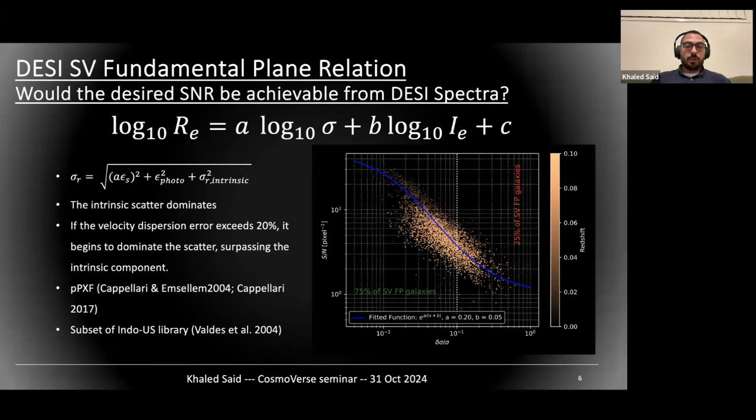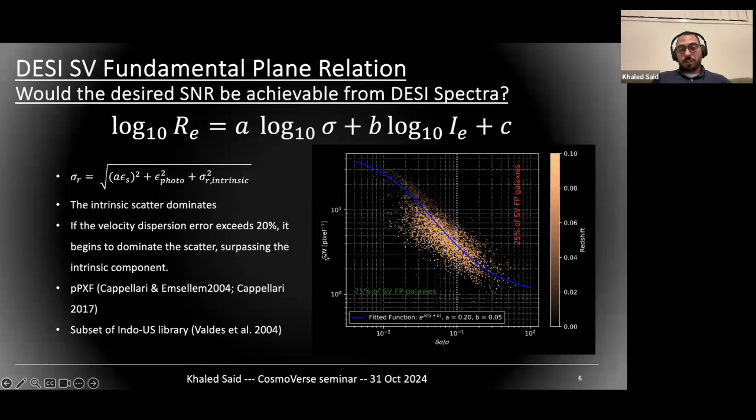So the first thing we did was measure the velocity dispersion ourselves using pPXF, by comparing with templates. In that case, our template comes from a library called NWS. And as you see in this plot, at least 75% of all our galaxies have a relative error less than 10%.